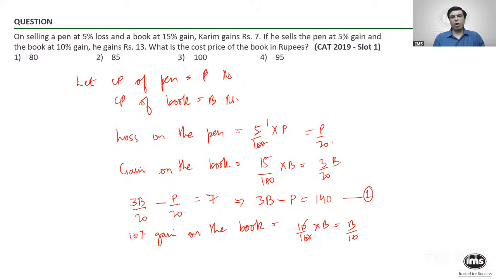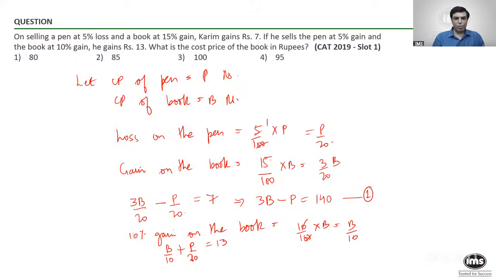In this case both are gains. The pen is gaining, the book is gaining. So basically what we have is B by 10 plus P by 10. And this is equal to 13 rupees. Sorry, the pen is gaining 5%, so P by 20. So B by 10 plus P by 20 is equal to 13.